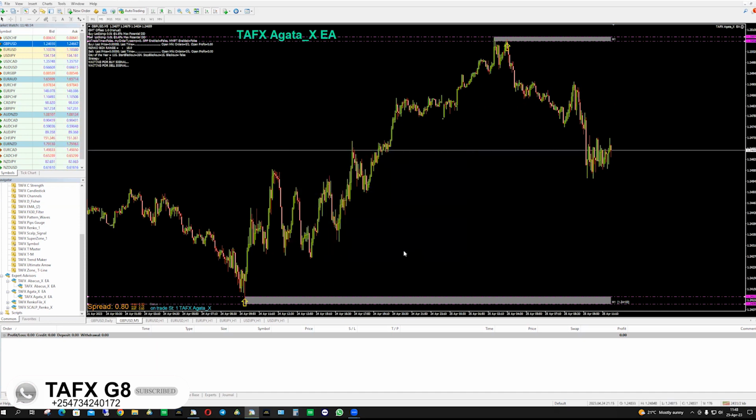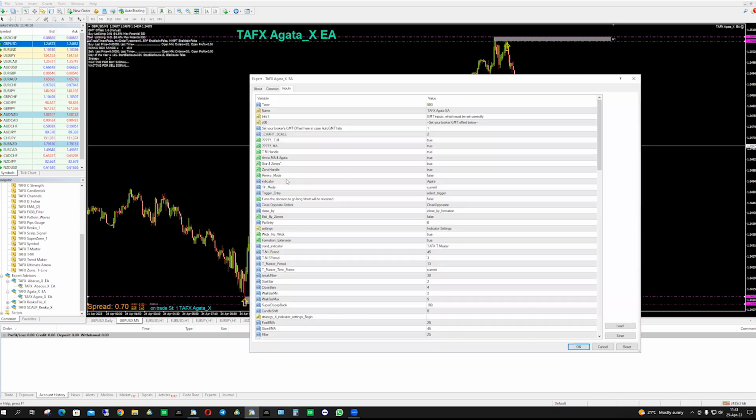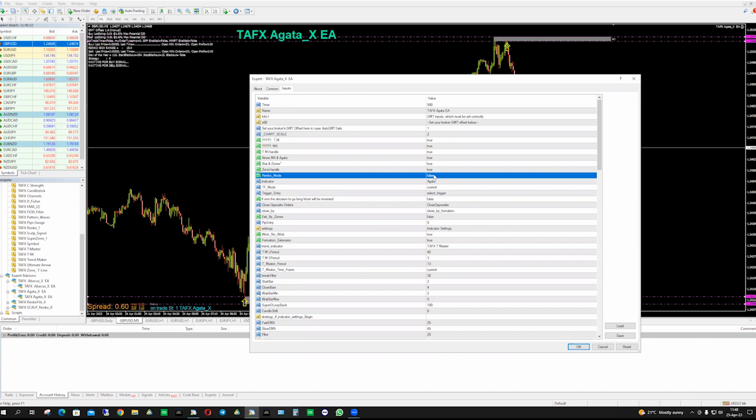So let us learn something here. In Agatha, when we open our EA, you'll find that we have the strategies all here, and we have an option here for Renko mode. If I set Renko mode to false, this means the EA cannot pick trades in Renko.